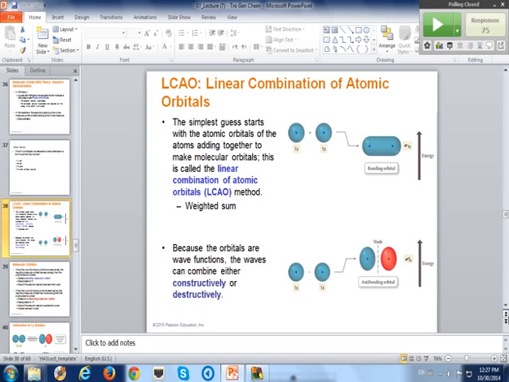And so what is a linear combination of atomic orbitals? This is a weighted mixing of the atomic orbitals linearly, a weighted mixing of the atomic orbitals of the atoms in the whole molecule, right?